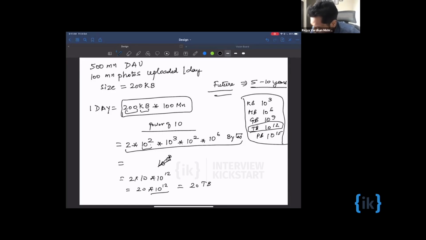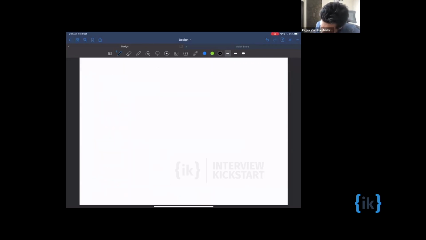Now this is for one day. Now how do I calculate it for 5 to 10 years? The trick here is that instead of thinking about 5 years or 10 years, you can think about 6 years, because we know by quick calculation that 3 years is equal to 1000 days, and 6 years is similarly 2000 days.